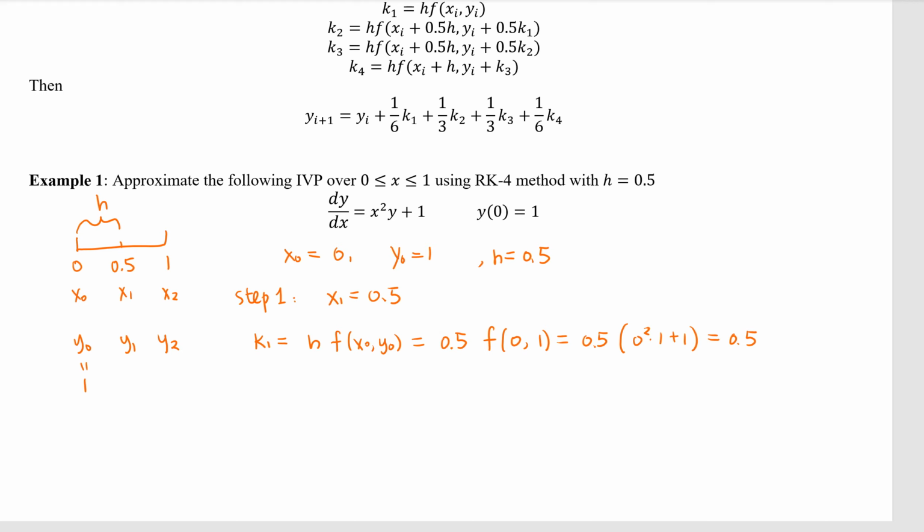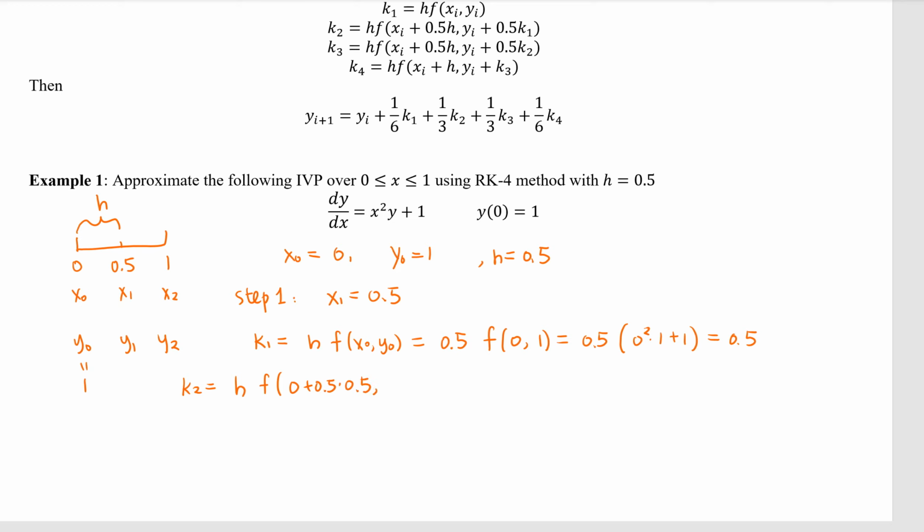That is k1. By the way, when you work on these problems, try to write tiny, because each step we have to calculate k1, k2, k3, k4, and yi plus 1. So we need a lot of space here. So k2 is then h times f of x0, which is 0, plus 0.5 times h, so 0 plus 0.5, h is also 0.5.